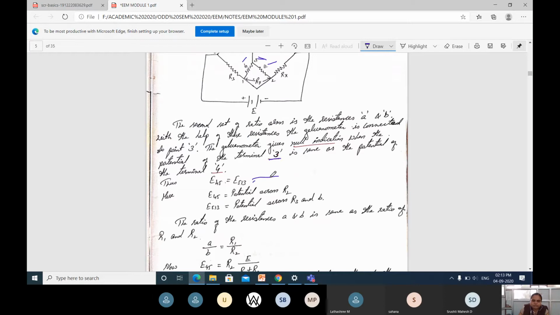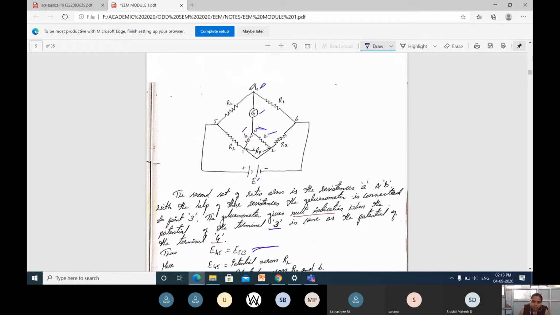Observe the equation here. Potential means E. Voltage V you can also write, but to avoid confusion, here it is taken as E, so take E only. E, potential across 4, 5, E4,5 is equal to the potential across 5, 1, 3.